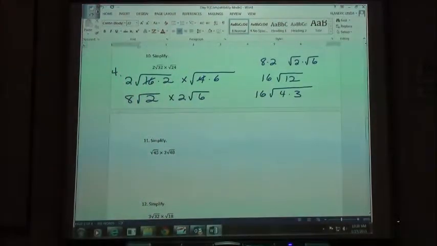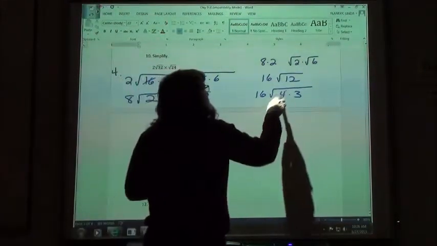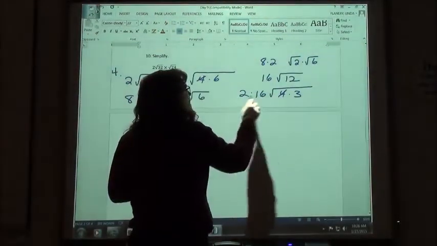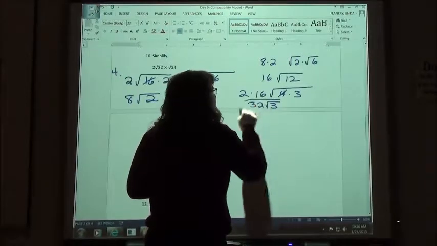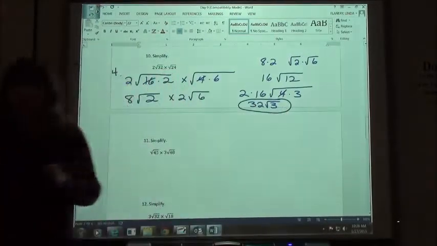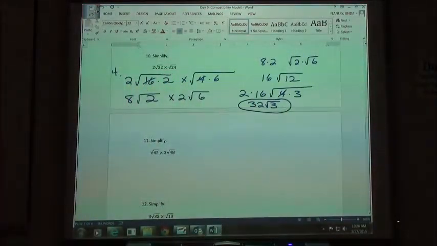Now if I tried 2 and 6, neither of those are perfect squares, so that's why that pair won't work. But 4 and 3, 4 is a perfect square. The square root of 4 is 2, so 16 times 2 is 32. Square root of 3, and now I have it where I can't go any farther with that 3 because it only has 1 times 3.